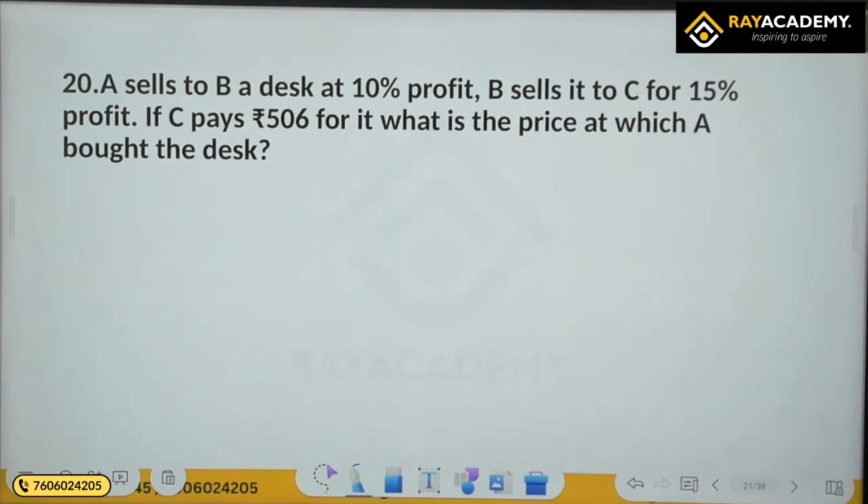Next question. A sells B a desk at 10% profit. B sells it to C for 15% profit. If C pays 506 rupees for it, what is the price at which A bought the desk?